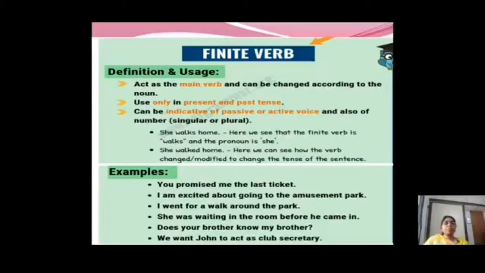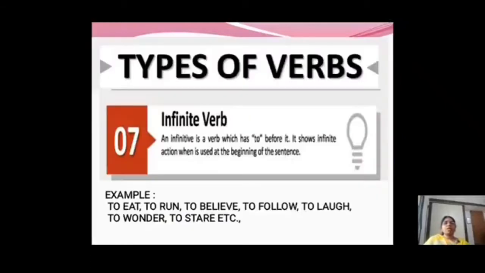Clear, dear? Right? So next is infinite verb. An infinite verb has to before it. It shows infinite actions when it is used at the beginning of the sentence. Example, to eat. To run.